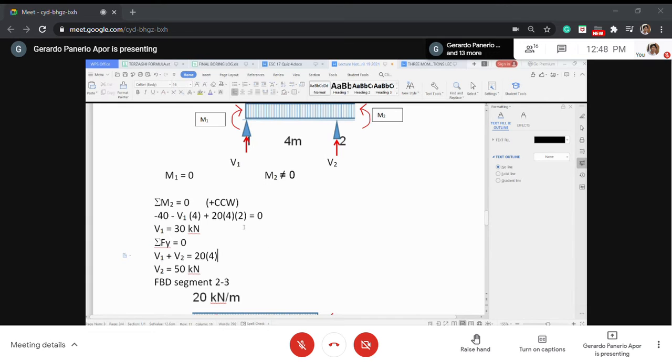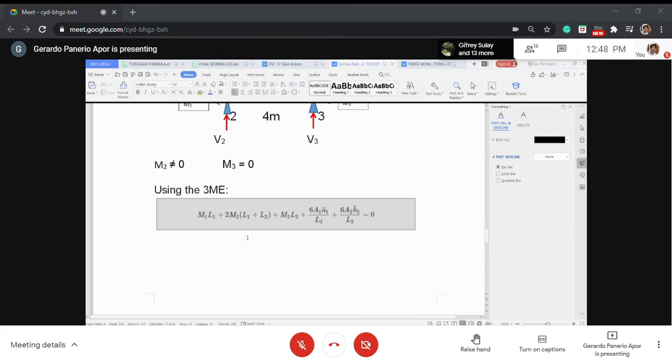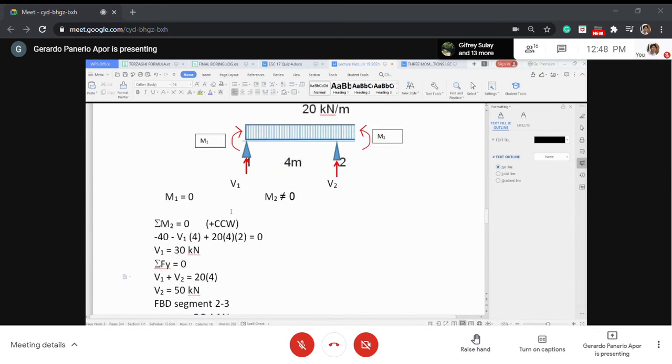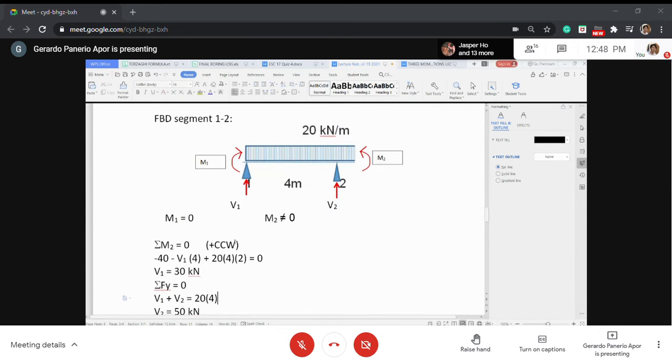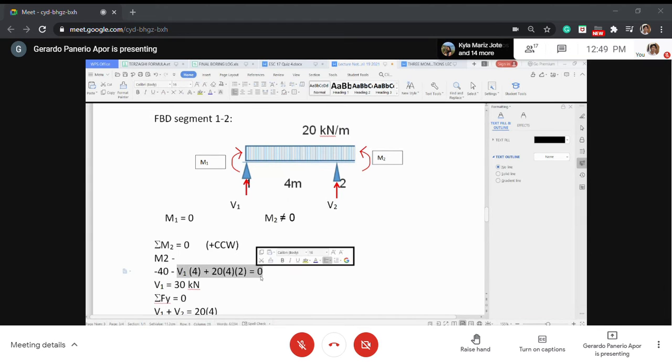Only after you do the three-moment equation, so that you will know what M2 is, can you go back here. If you do not know M2, you still cannot proceed, because you have to do B1.